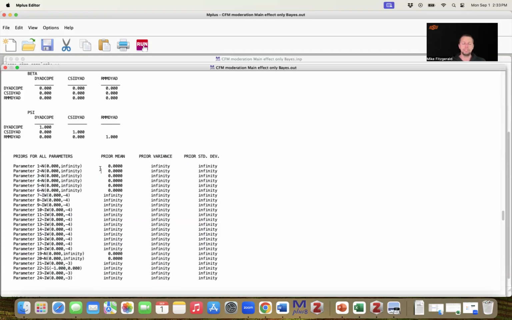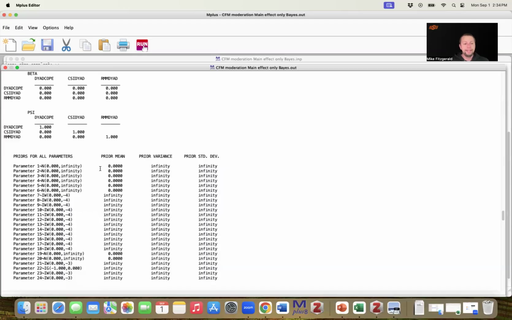So a lot of models that won't converge in maximum likelihood will converge in Bayesian estimation. The idea here is that Bayesian estimation is more computationally efficient and can allow us to arrive at a converged solution. Also, if we have prior knowledge around what we believe to be true or what research has found, we can insert that prior knowledge.